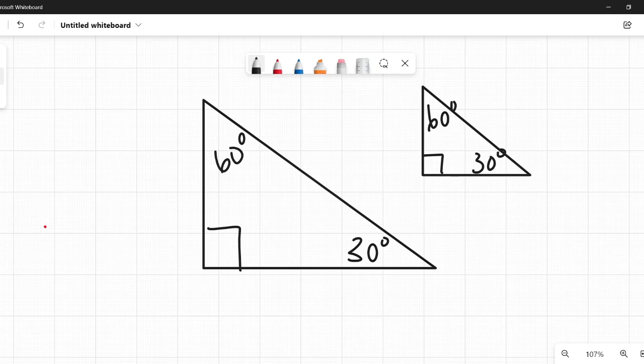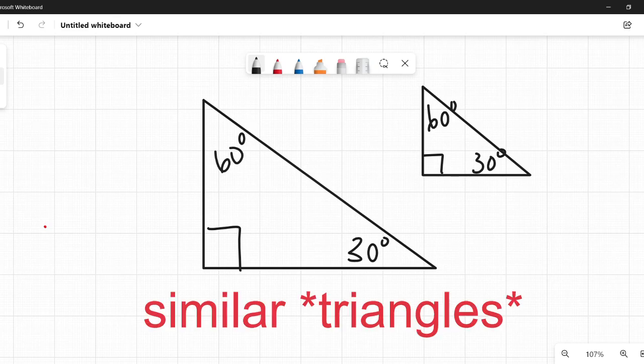So if you've already had geometry, then you may have come across similar angles and the whole angle similarity theorem. Similar angles are angles that have the same proportions. They have the same angles. They do not necessarily have the same sides. If they did, they'd be congruent.